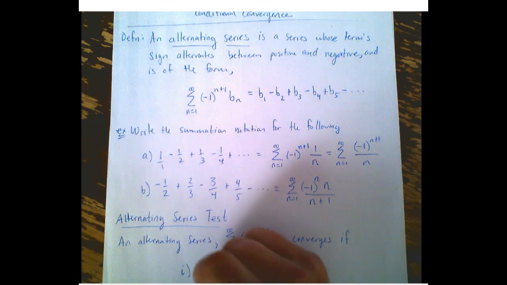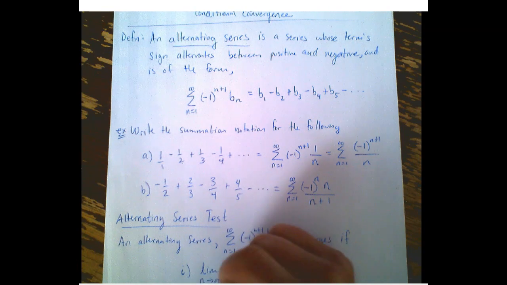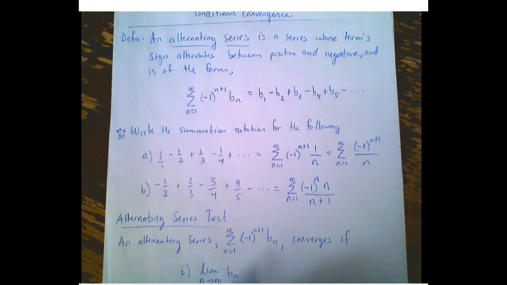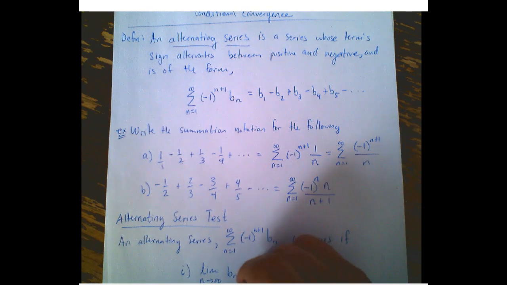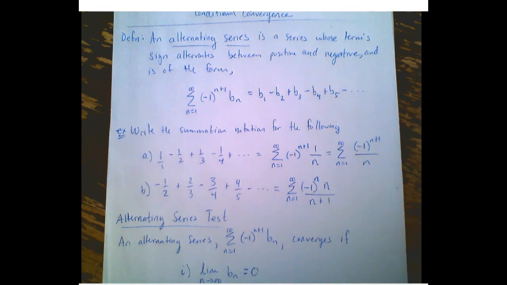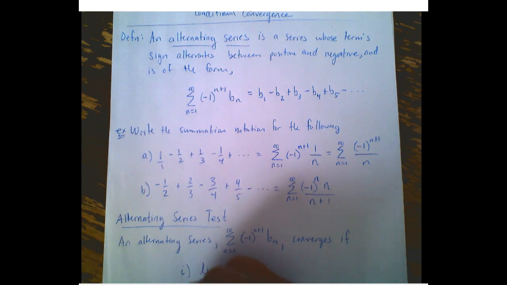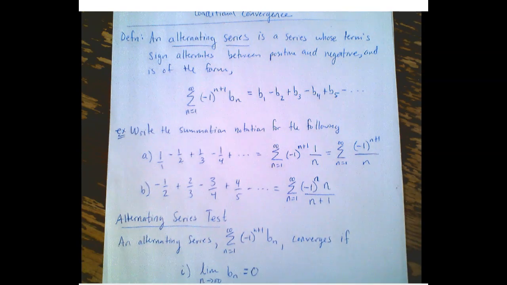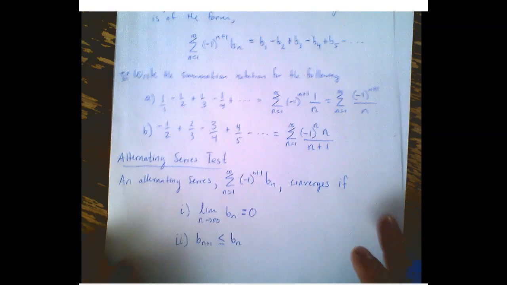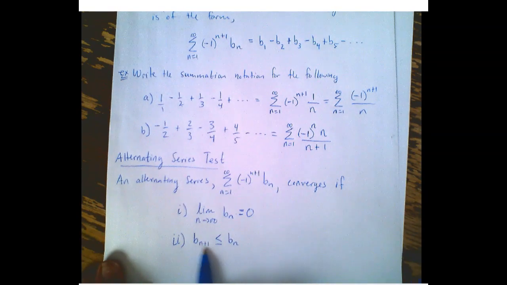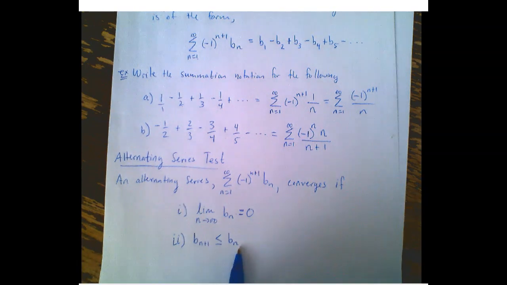First, the limit as n goes to infinity of the terms of the sequence, we're looking at just the positive terms, goes to 0. And the terms are monotonic decreasing. Okay, so again, each subsequent term is smaller than the preceding term. Okay?